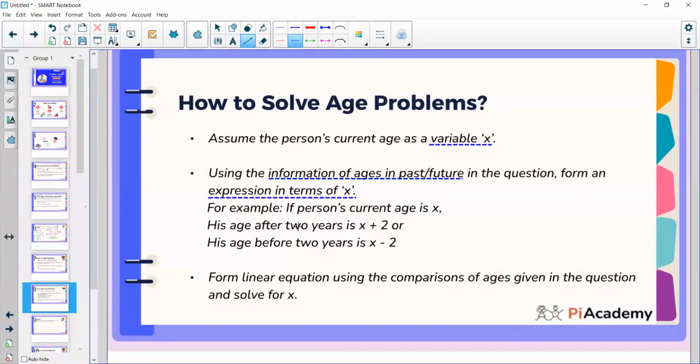So let's see an example. If the person's current age is x, his age after 2 years would be x plus 2, right? And what would be his age before 2 years? It would be x minus 2. Or let's say if a person's current age is x, his age after 5 years would be x plus 5. His age before 5 years would be x minus 5, right?